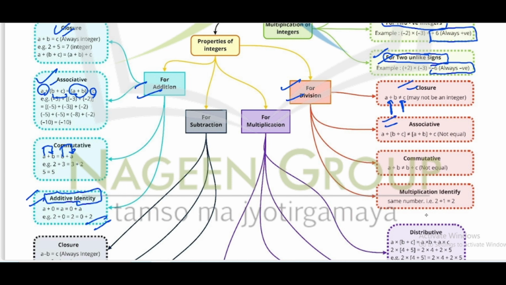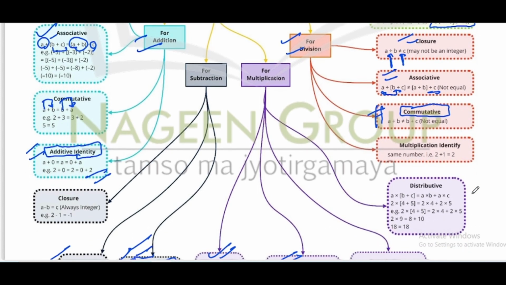Then associative property of division for integers: A divided by (B divided by C) is not equal to (A divided by B) divided by C. Next is commutative property for division of integers. A divided by B is not equal to B divided by A.